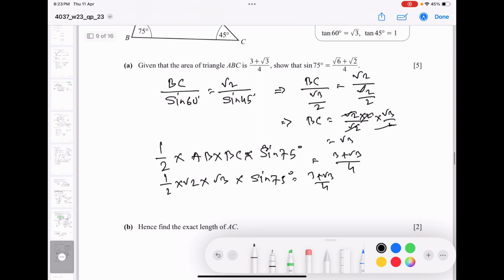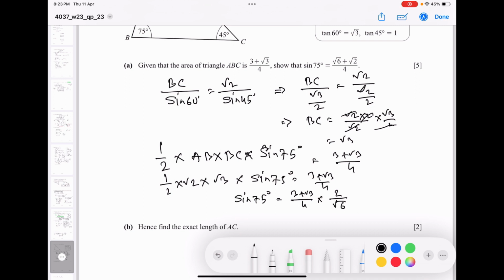Fine. So sine 75 degree equals 3 plus root 3 divided by 4 into 2 divided by root 6.